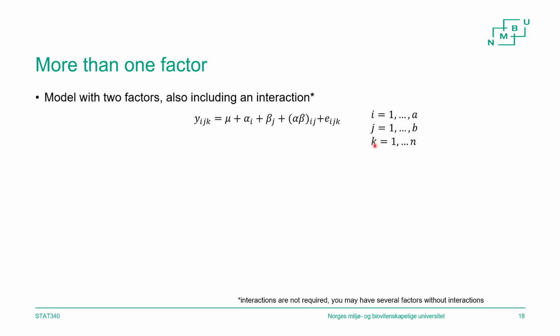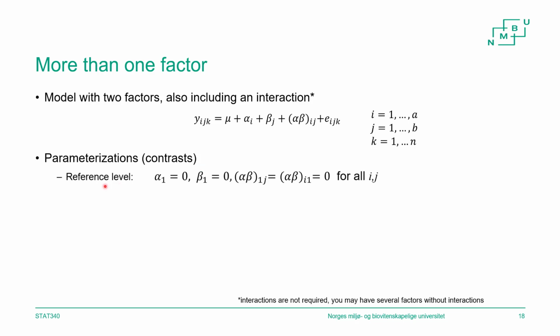That's the k. Okay, how about the parametrizations now, the contrast? It's actually quite similar to if we had one factor, but of course it's more complicated because there are more symbols.